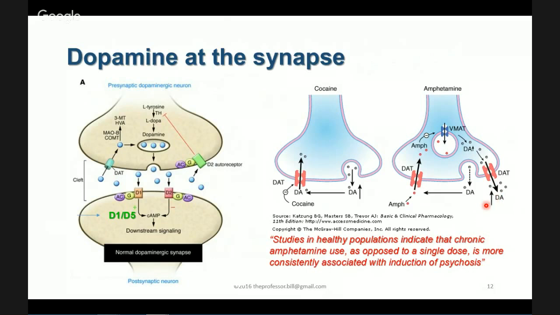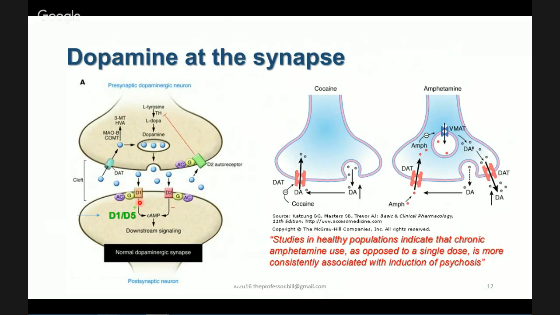Why is that all important? Because when we increase dopamine at the synapse, some of that dopamine will interact with postsynaptic dopamine receptors. And we're going to talk about this in that paper. Some of these postsynaptic dopamine receptors, the ones found in the postsynaptic compartment, depending on what they couple to, will either turn on the cell or turn off the cell.